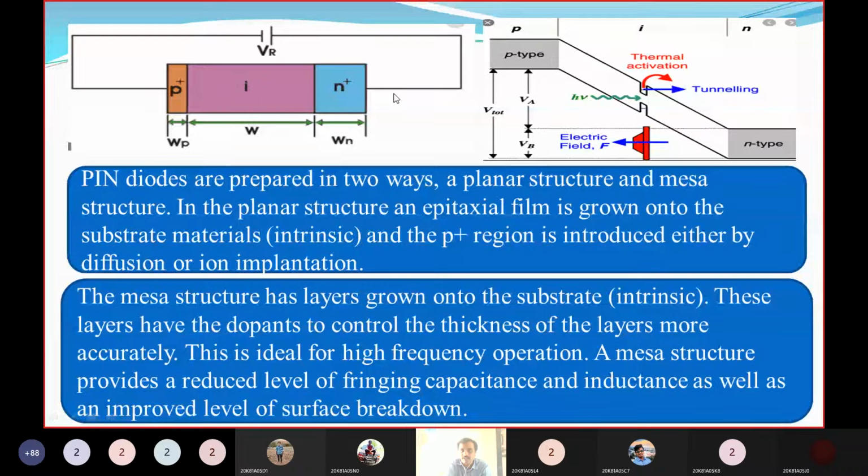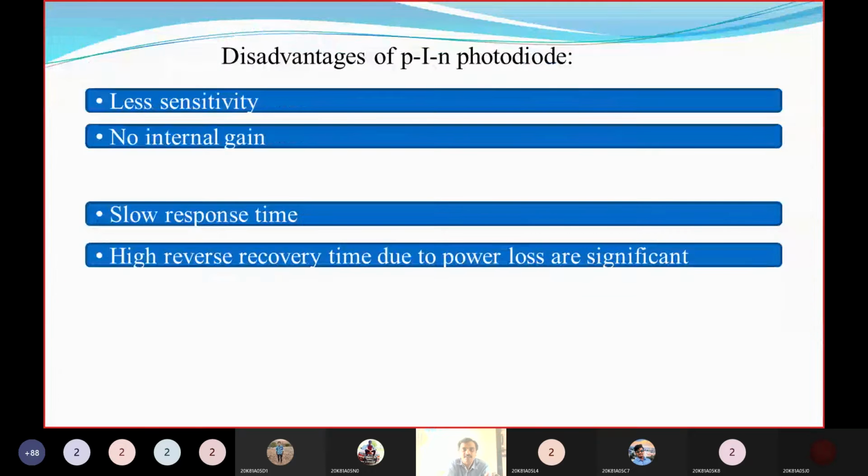That is the main disadvantage of the PIN diode: sensitivity is less and there is no internal gain. If you want to gain the electrons or the current, we have to use another amplifier.